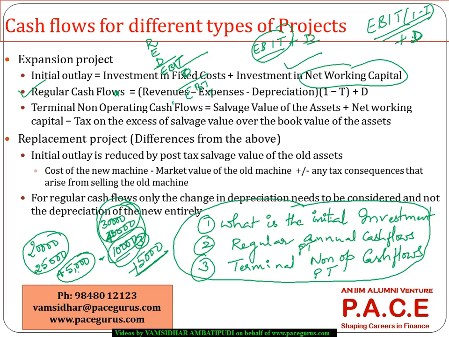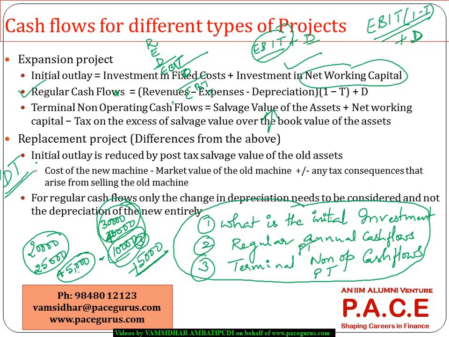And when it comes to terminal cash flows, at the end of the period I am selling off all the assets, so it depends on the salvage value. I get my net working capital back, and if the salvage value is more than the book value, it means every year I am depreciating the asset by some amount and getting a tax benefit of DT every year, because my expenses are increasing and my profits are decreasing, which results in a lesser amount of tax.